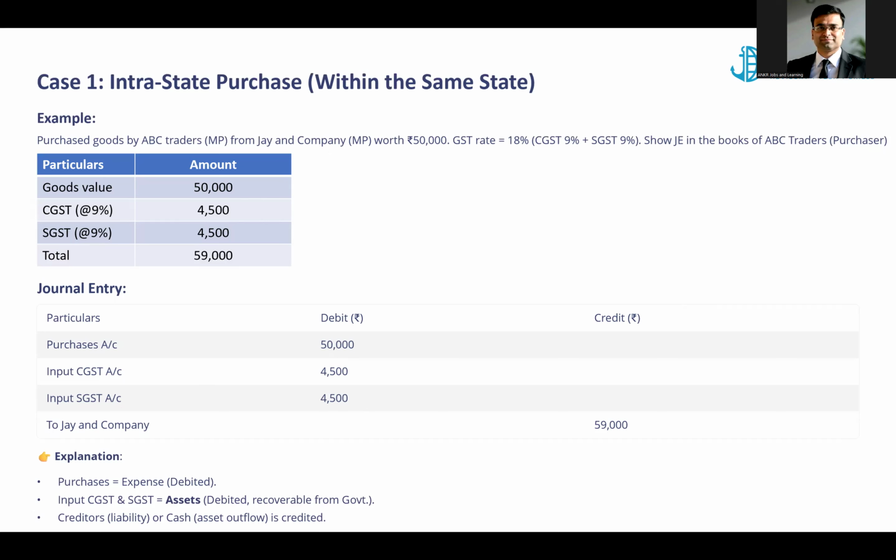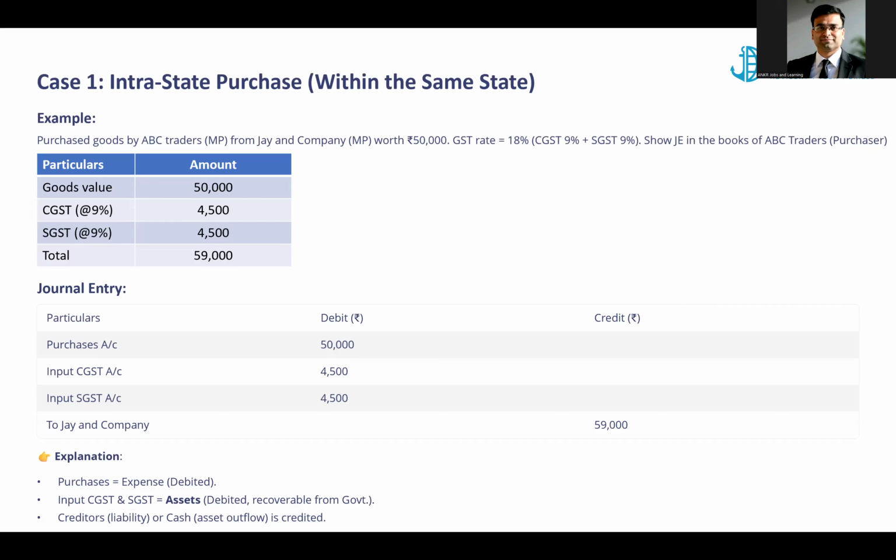So this is the entry, right? Why are CGST and SGST debited? Because it is recoverable from the government. You are creating an asset in the form of CGST and SGST, and it is recoverable from government. And the creditor, which is J and Company, is the creditor because we have to pay him.